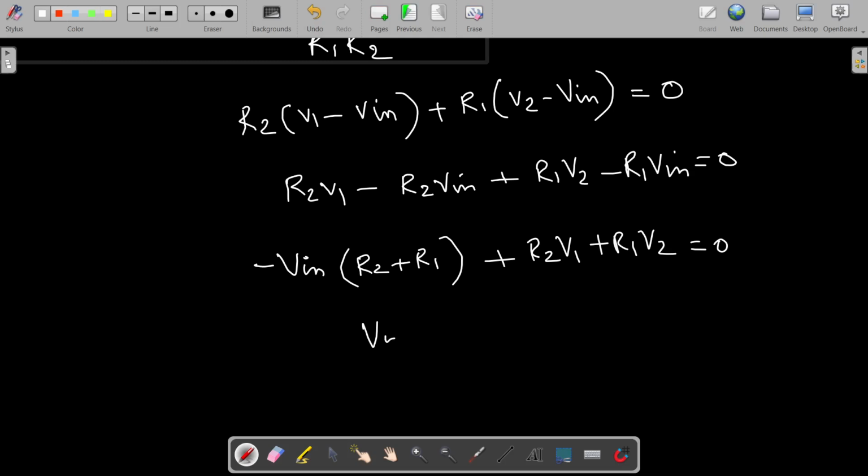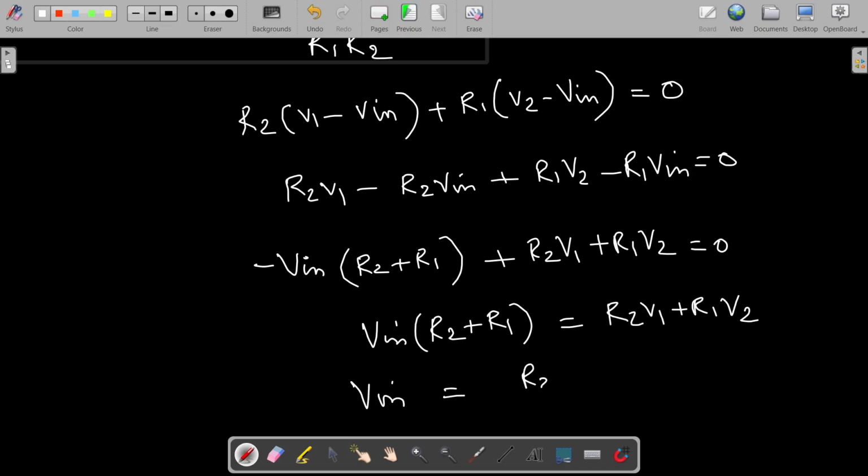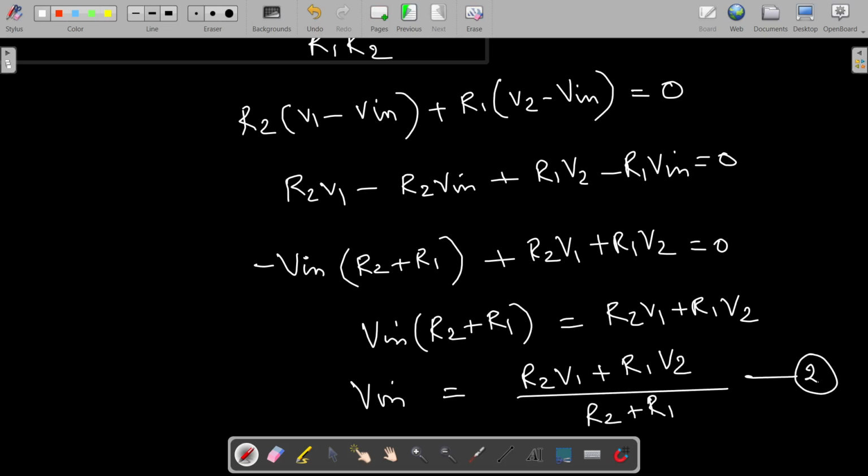We can write this as Vn multiplied by (R2 plus R1) equal to R2 V1 plus R1 V2. That means Vin is equal to (R2 V1 plus R1 V2) divided by (R2 plus R1). So this can be taken as equation number 2.